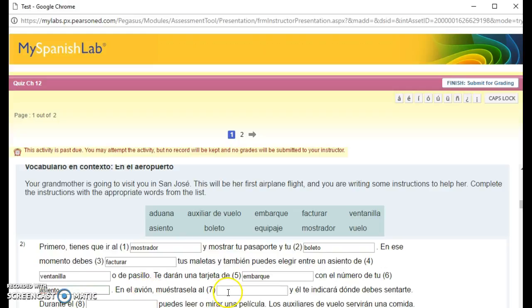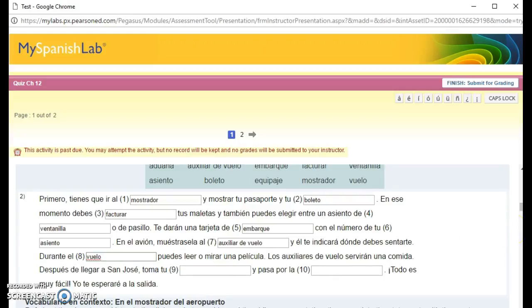Okay, on the plane, show it, muéstraselo al, and that must be the auxiliar de vuelo, so show it to the flight attendant, and he will indicate to you where you sit. So during the flight, you can read or watch a movie. The flight attendants will serve a meal.